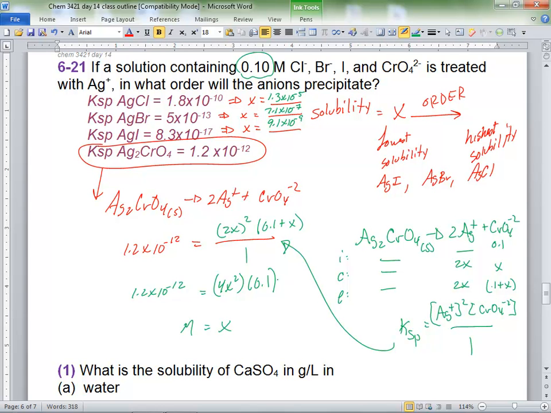Yeah, we have to put it in all of them. But I think Javier's right that in the end we should have the same order. It should be the same order but different solubilities. 5.5 times 10 negative 7.